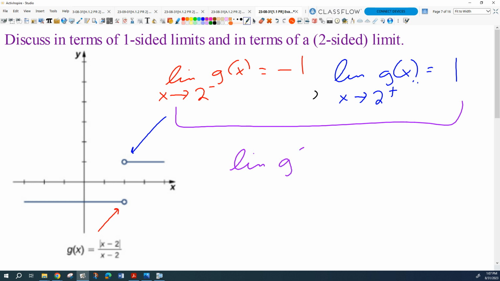The limit of g of x as x approaches 2 is what? Seeing some quizzical looks for good reason. What do you think about the answer to that? What is that limit? There isn't one.